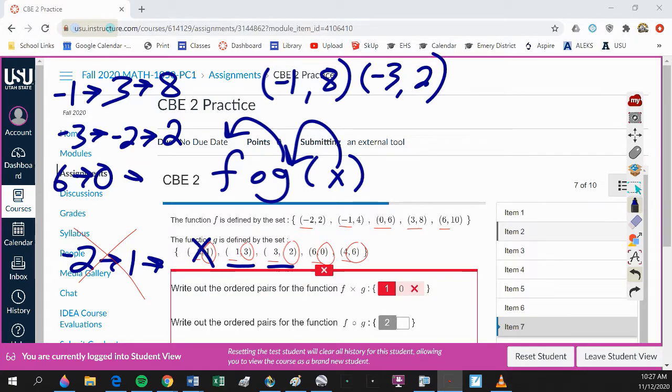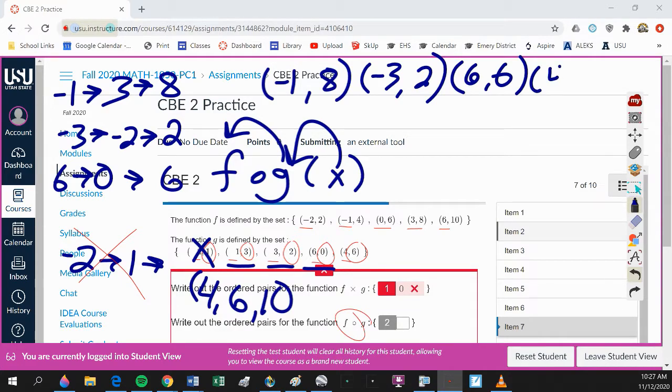And then 0 gets turned back into 6. So skipping the middle, it's just going to be 6, 6. And then, so that one worked. 4 gets turned into 6. And then that gets turned into 10. So what does this function do? It goes straight from 4 to 10.